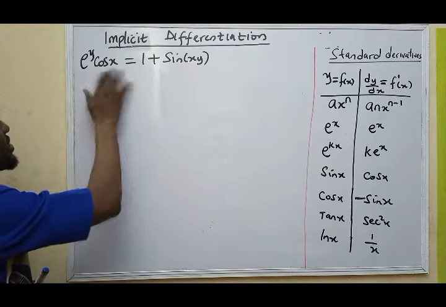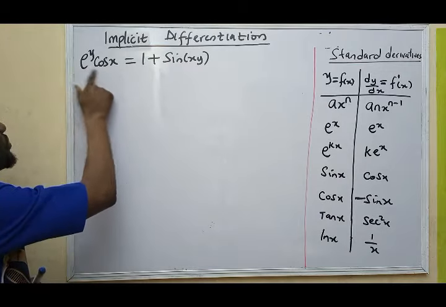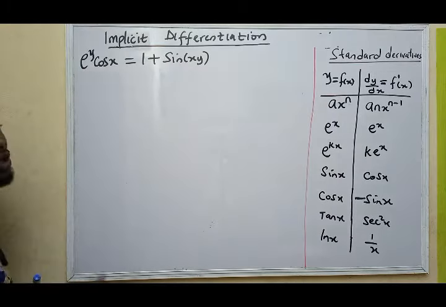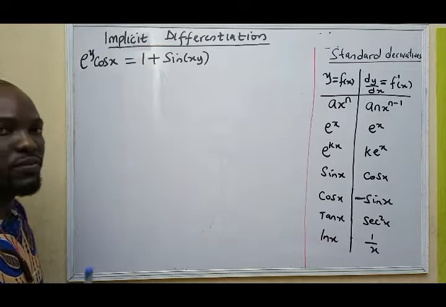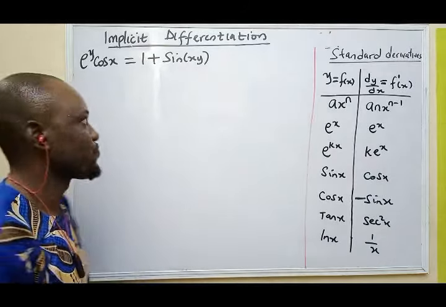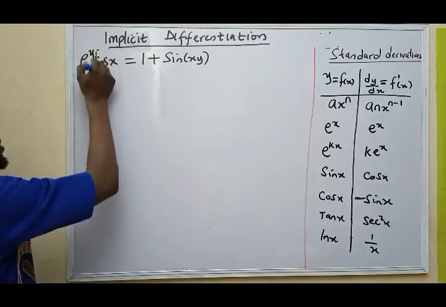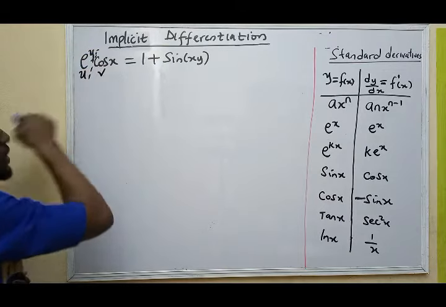Now if you look at this, I have two functions as a product, so I'm going to deploy the product rule. I can break this down into u and v.